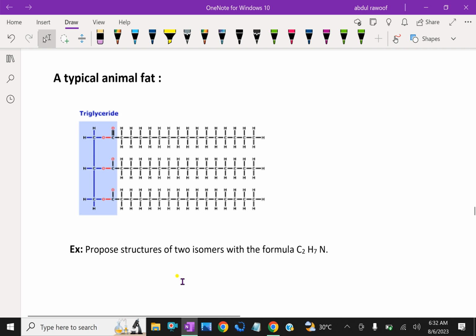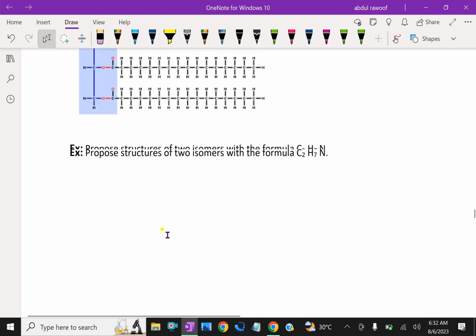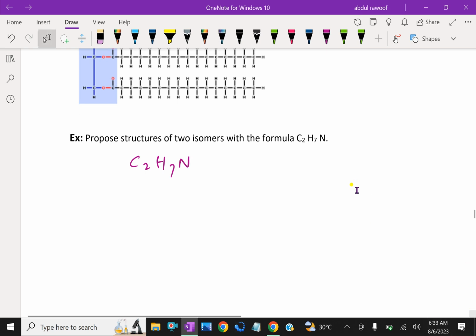Look at here. Propose structures of two isomers with the formula C2H7N. We can write this in two different ways.